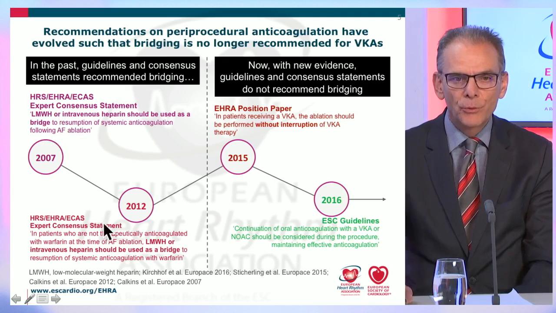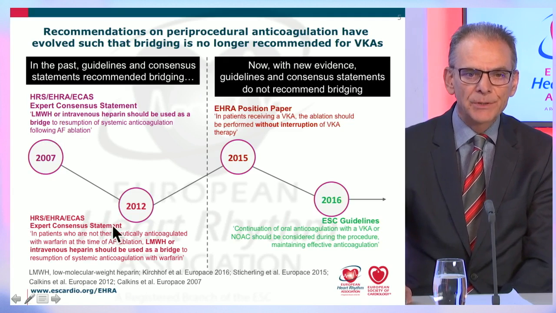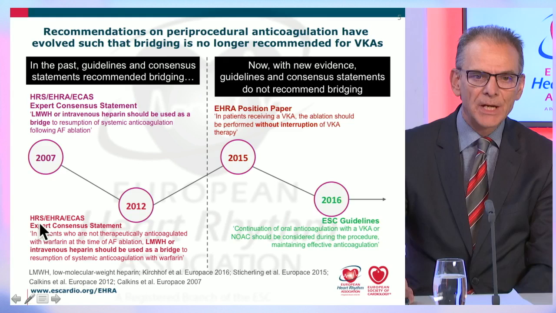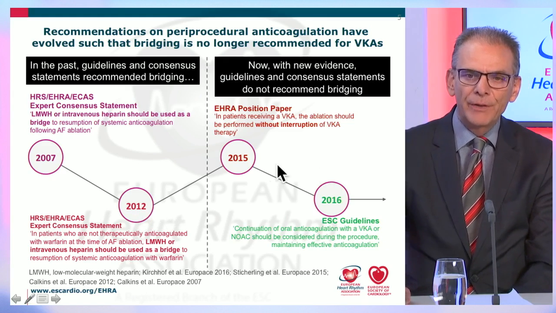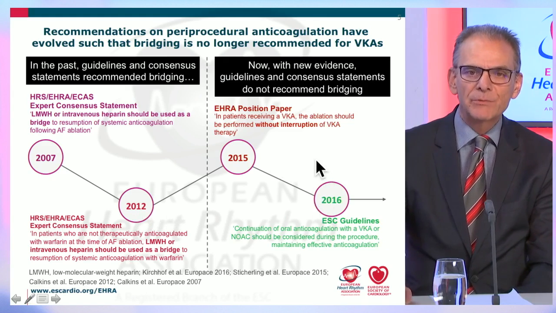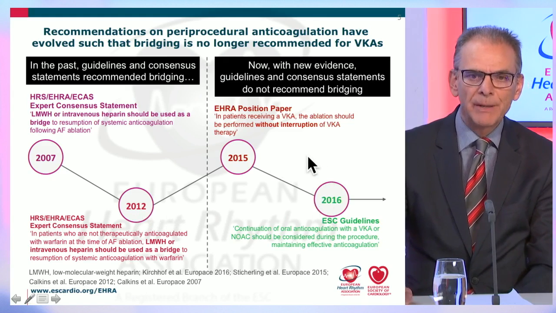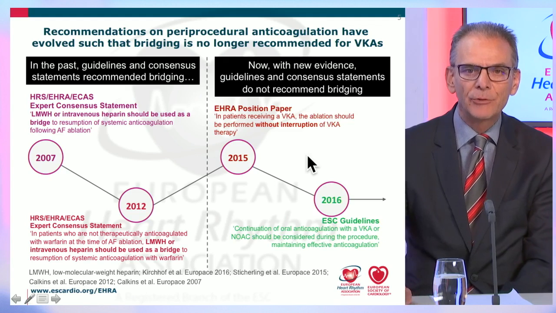This was true until the expert consensus statement of the Heart Rhythm Society and EHRA in the year 2012. For the last 3 or 4 years, we have seen a tremendous shift in this, basically a shift of 180 degrees.